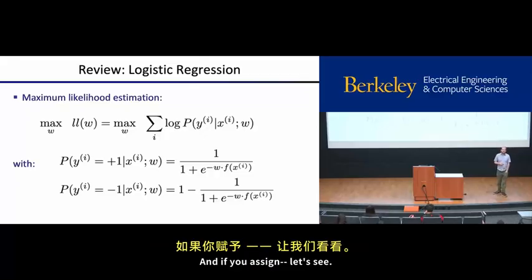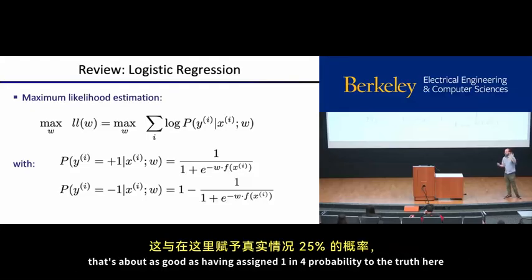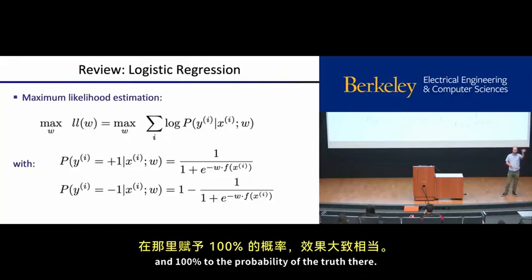And the higher the probability, the better we say it did. And if you assign 50% probability to the truth here and 50% probability to the truth there, that's about as good as having assigned 1 in 4 probability to the truth here and 100% to the probability of the truth there.